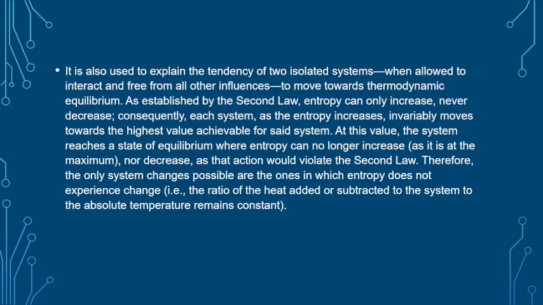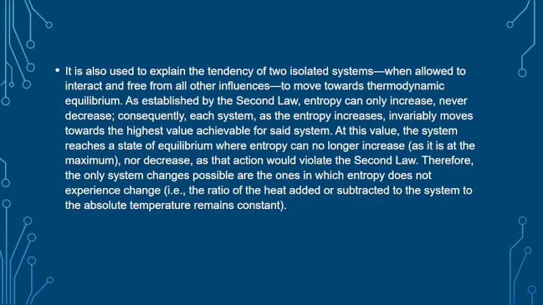It is also used to explain the tendency of two isolated systems, when allowed to interact and free from all other influences, to move towards thermodynamic equilibrium. As established by the second law, entropy can only increase, never decrease. Consequently, each system, as its entropy increases, invariably moves towards the highest value achievable for said system.